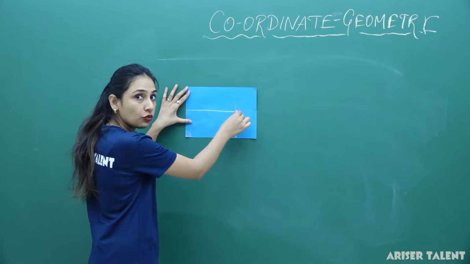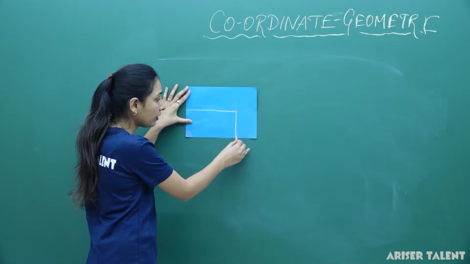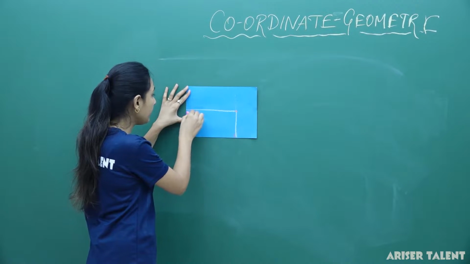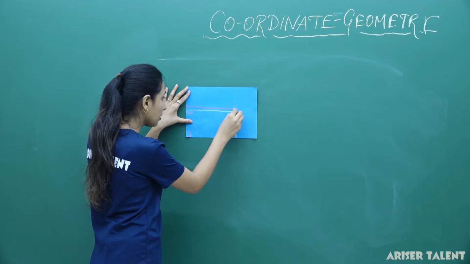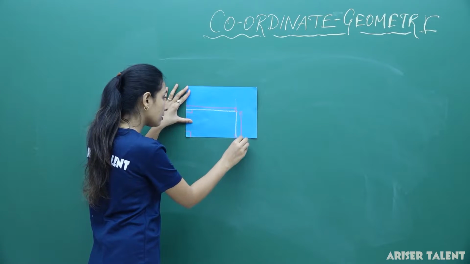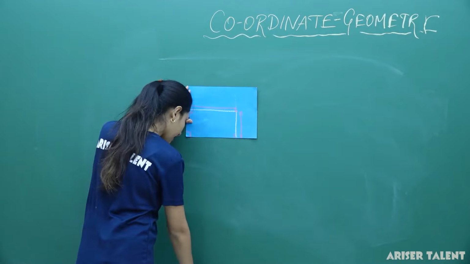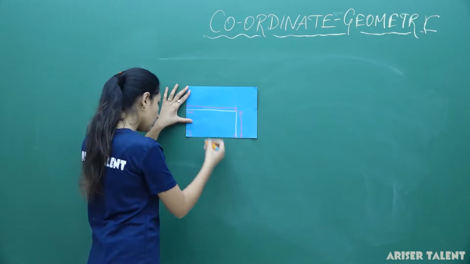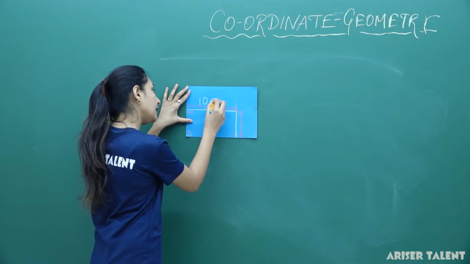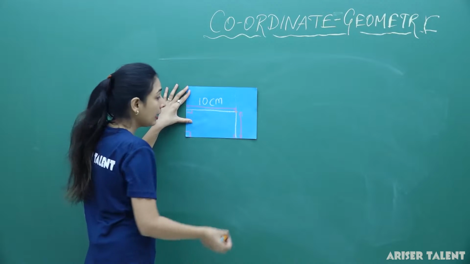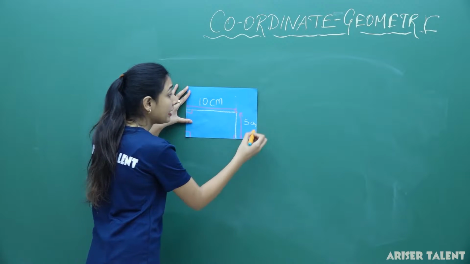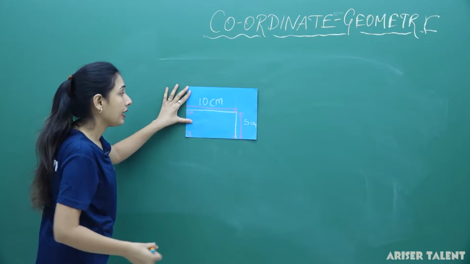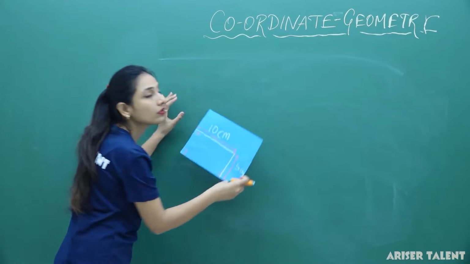This is our point. So what we did, we just drew a perpendicular right here, a perpendicular right here, and measured what this length is and what this length is. It turned out that this length was 10 centimeters, and this length was 5 centimeters.